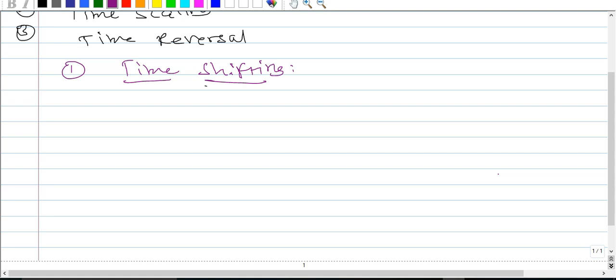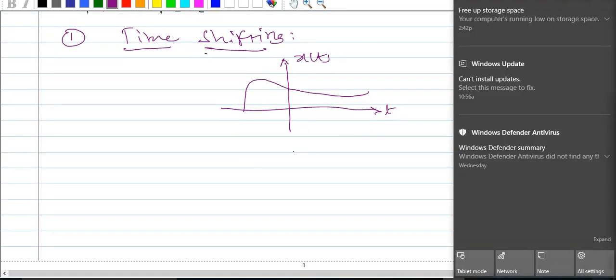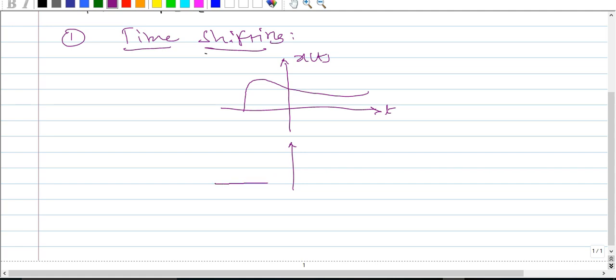So consider the following signal x of t. Okay, so this is the signal x of t, and then I'm plotting one more signal here, which is phi of t.